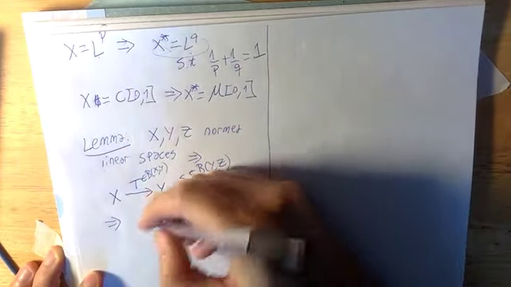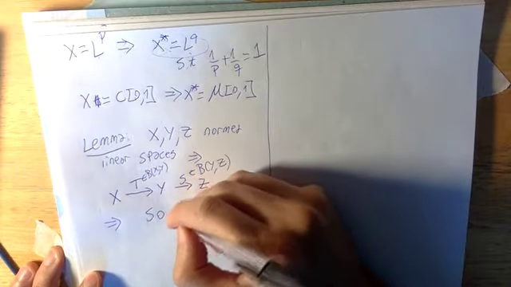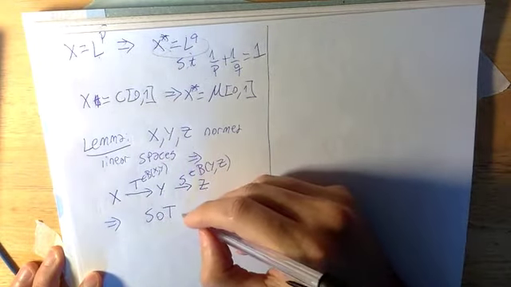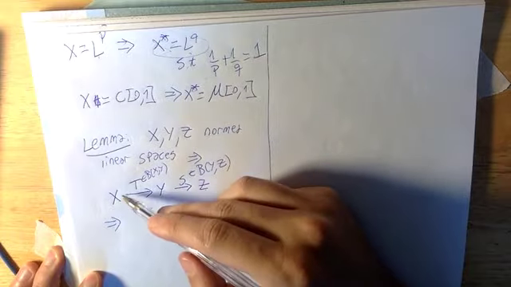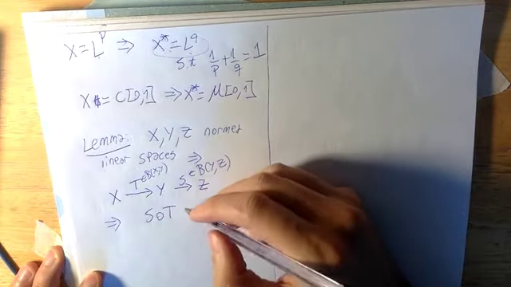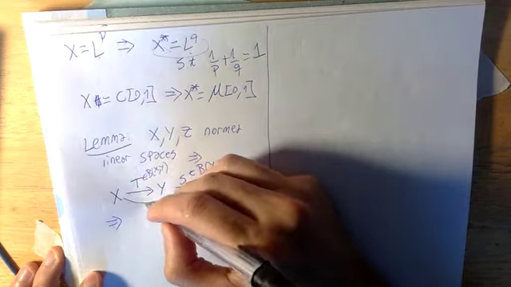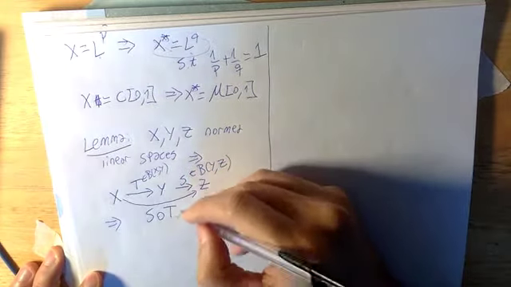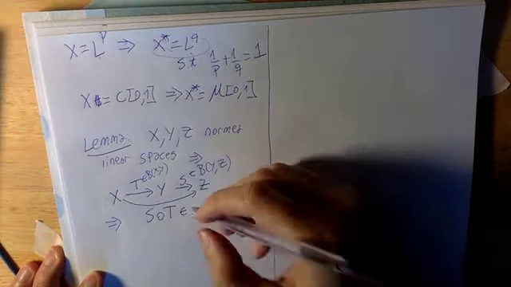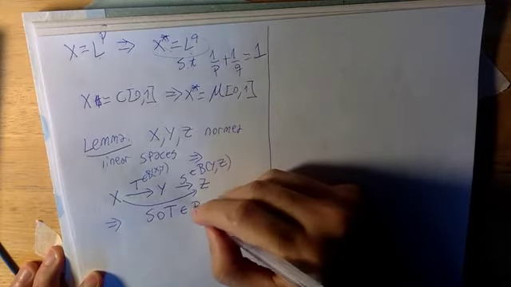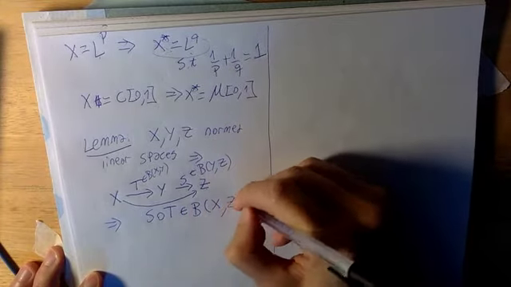Then the composition S∘T, which maps X to Z, belongs to B(X, Z).